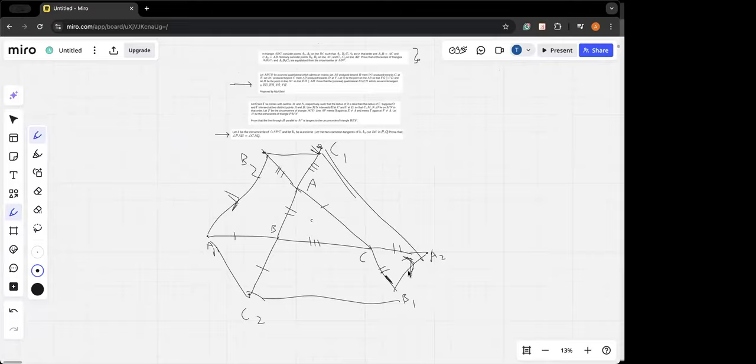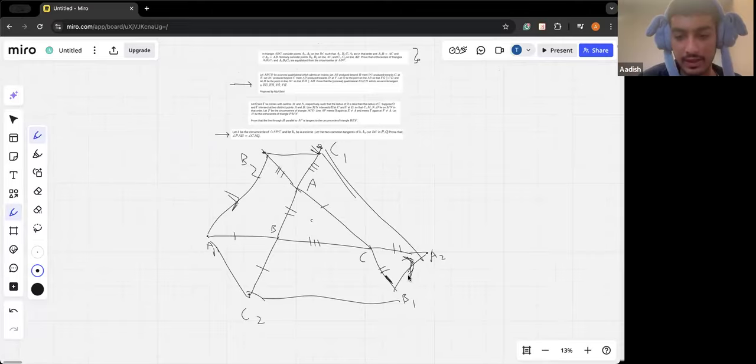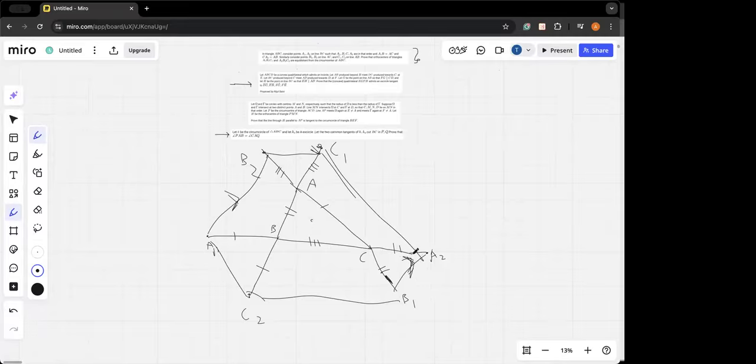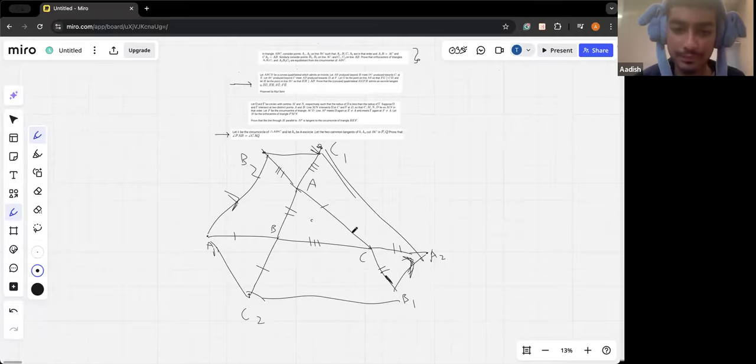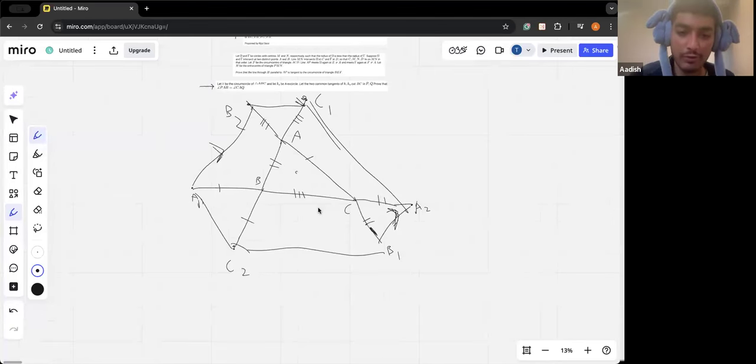What is an isosceles trapezium? There's only one pair of parallel lines, and the diagonals are equal, which is what you need for an isosceles trapezium. You can also prove it by angle chase. So what cyclic quadrilateral do you get?